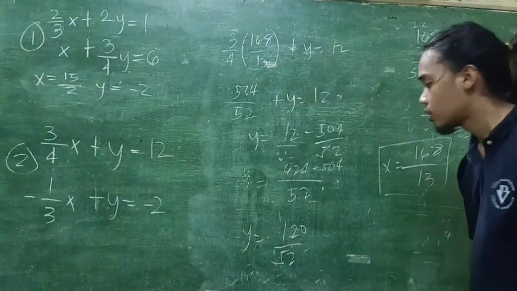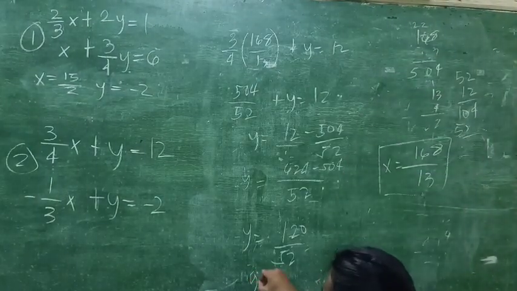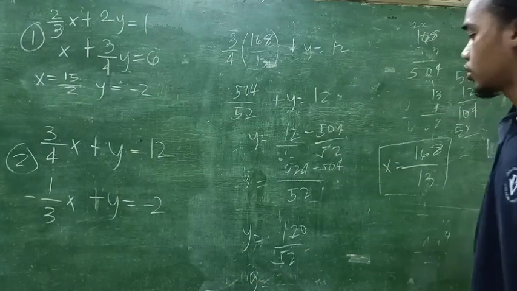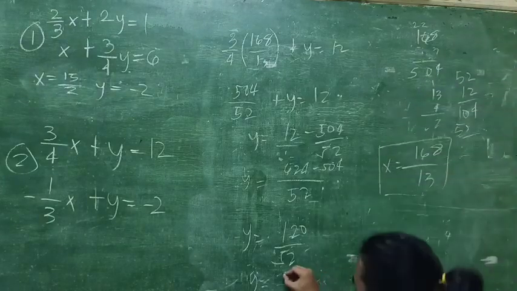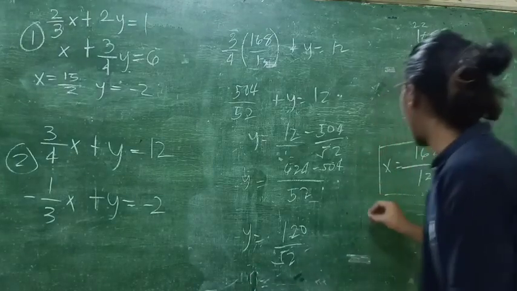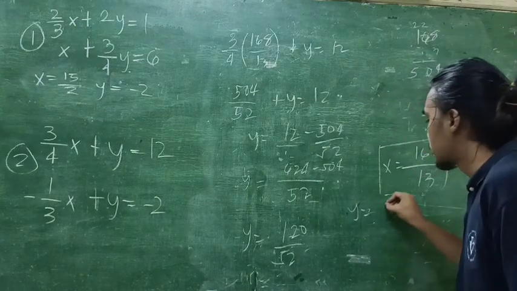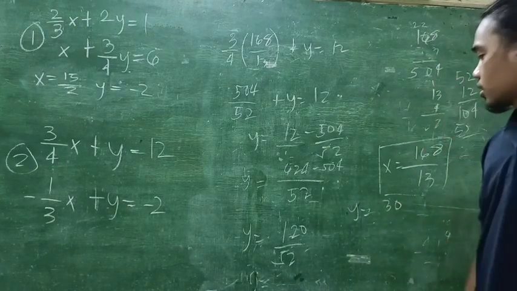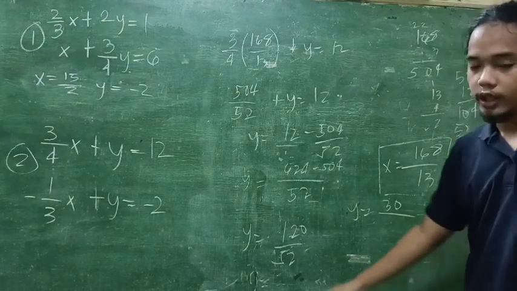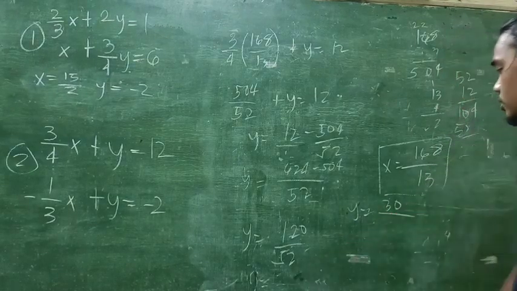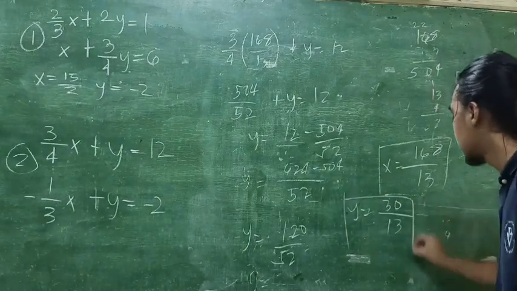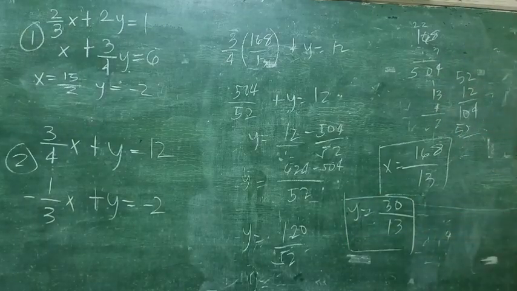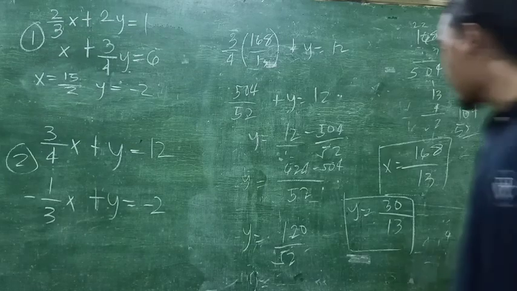So our y is going to be equal to 120 divided by 4 is 30, over 52 divided by 4 is 13. So our y is 30 over 13.